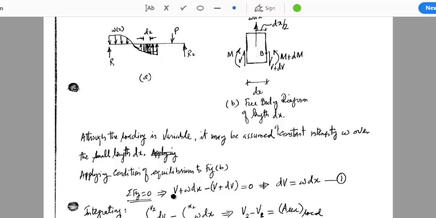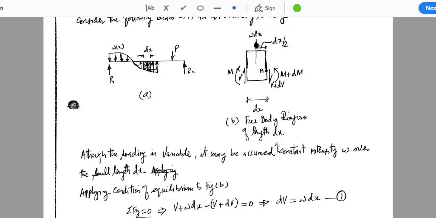This V in the upward direction, then this omega dx is also in the upward direction, so it's also positive, and then this V plus dV is acting in the downward direction. If we rearrange and simplify this, and this should be equal to 0, we get dV is equal to omega dx. Let's label this equation as equation number 1.